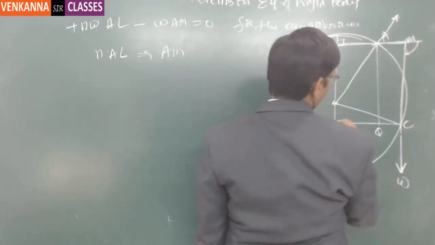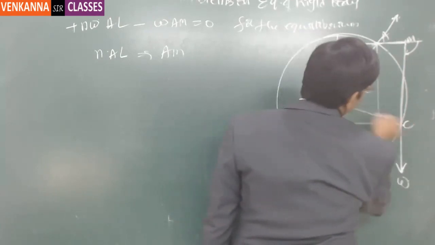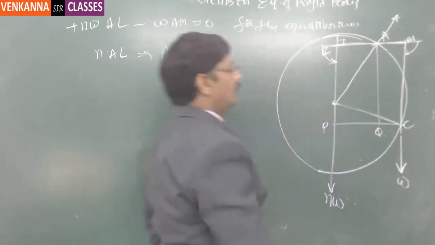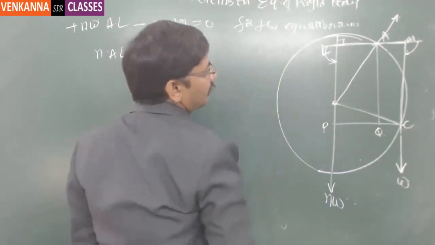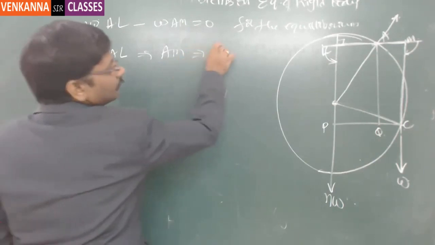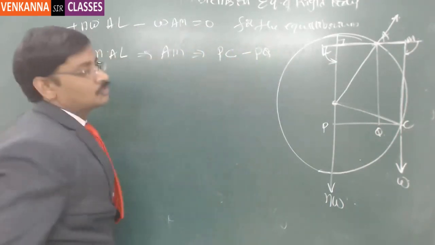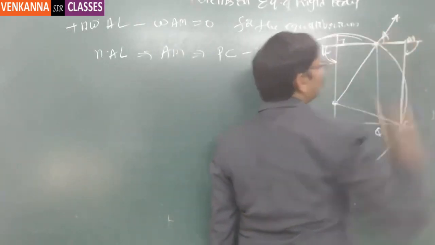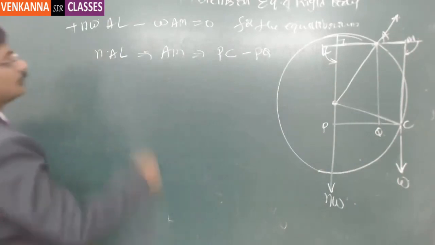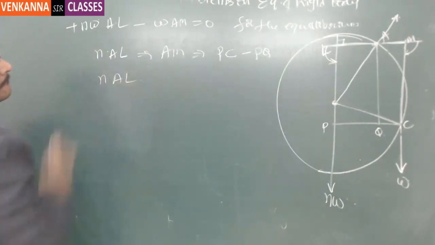Now if I extend that discussion to this length, so that I can take advantage of this radius even for this one. Now this AM, so AN can be calculated as PC minus PQ. PC minus PQ is nothing but this length. So this is exactly equal to AM. So PC minus PQ is equal to N times AL.